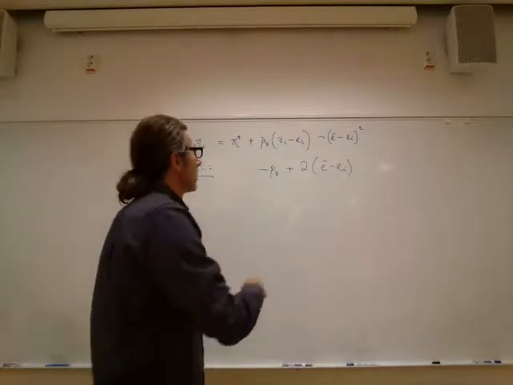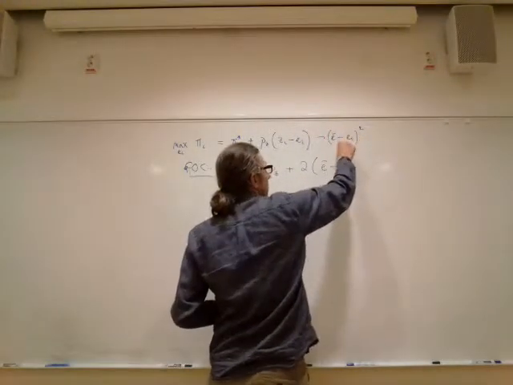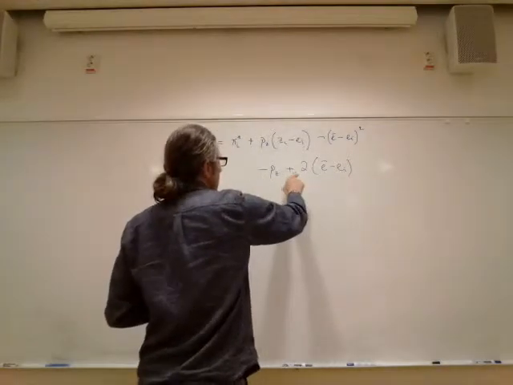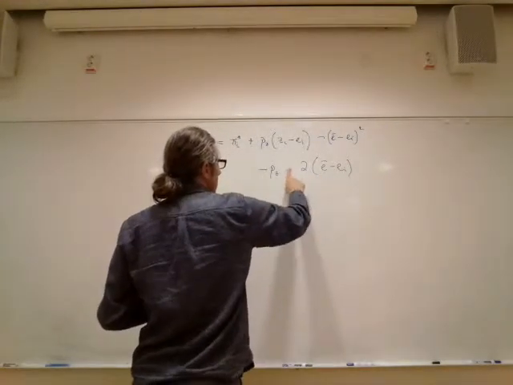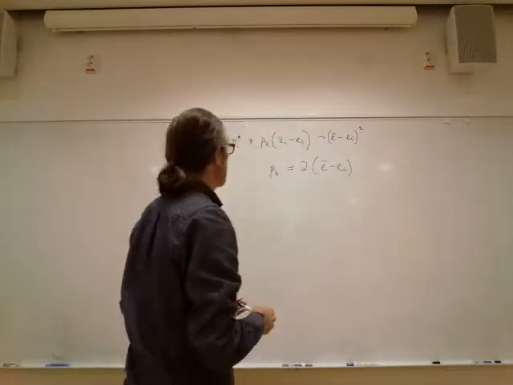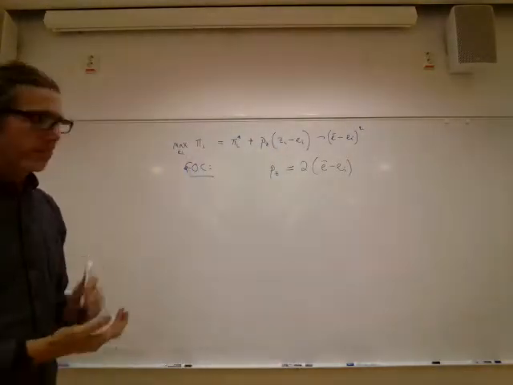Right. Got minus 2 times that, then you go inside and get a minus sign. So minus this plus this equals 0, which is basically saying that these two are equal to each other.